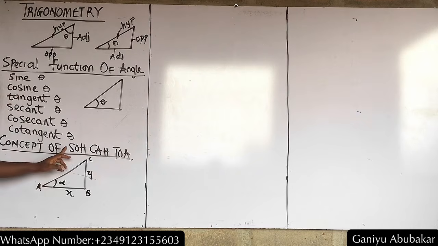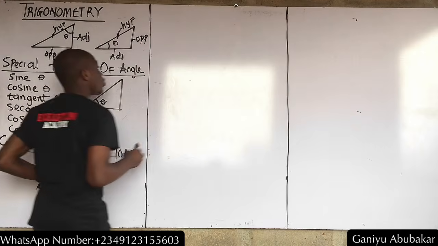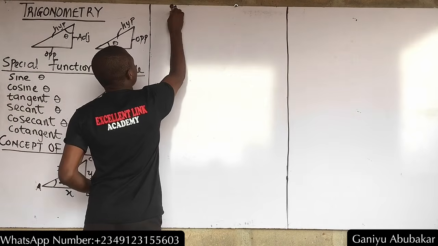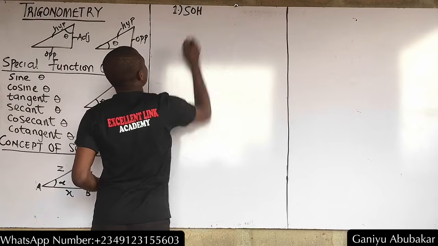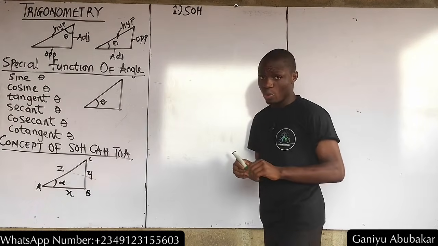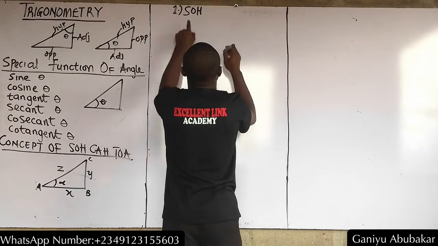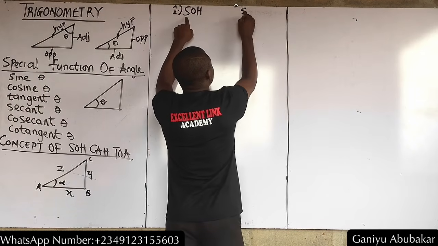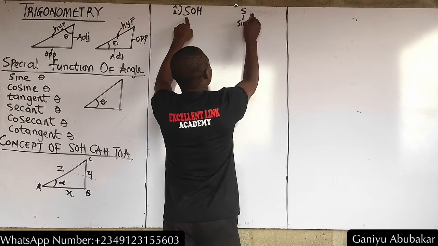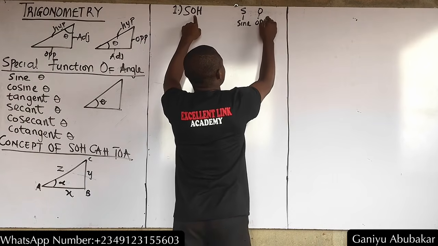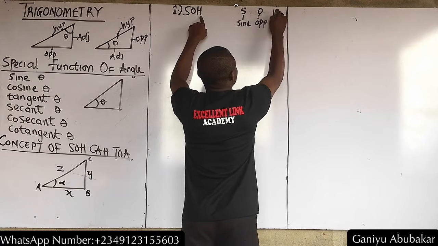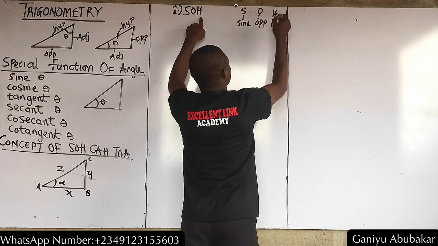Let's start considering the first one called sine. So let's start with the first concept there called SOH. What's the concept behind SOH? S stands for sine, O here stands for opposite, and H here represents the hypotenuse.